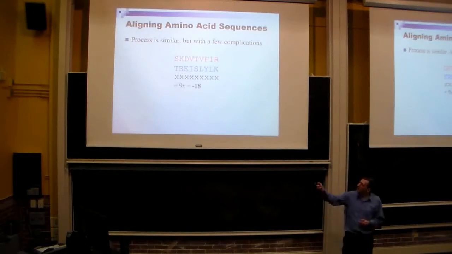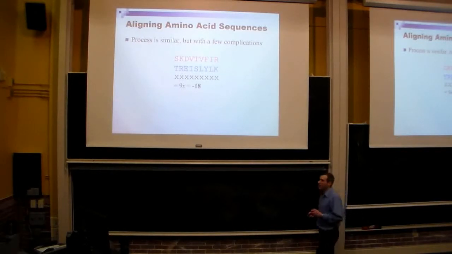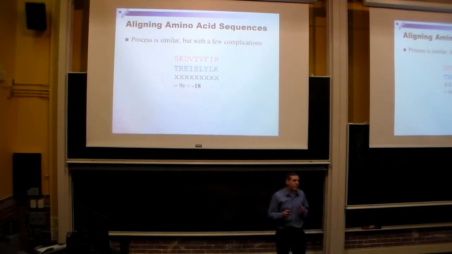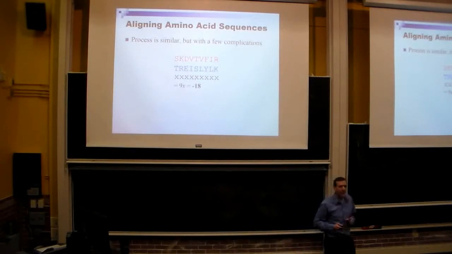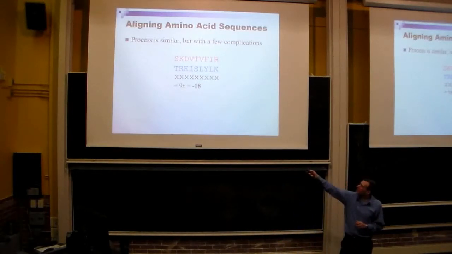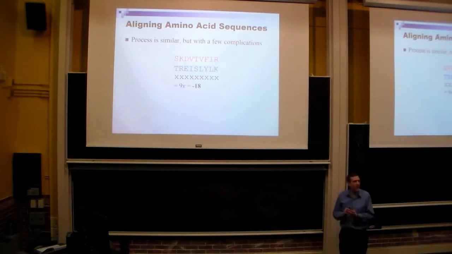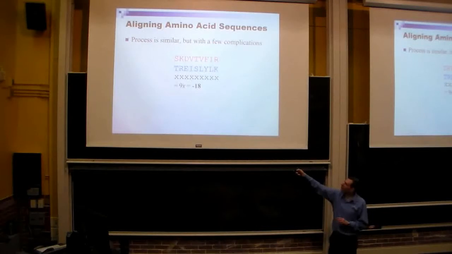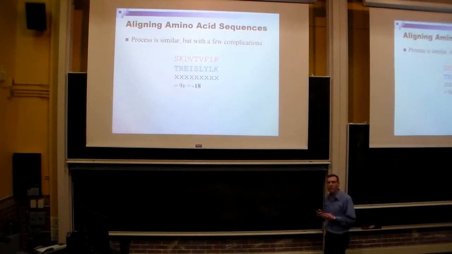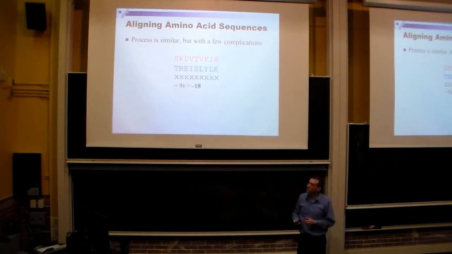Yeah, so amino acids can be grouped in various ways based on chemical similarity. And these sequences happen to be lined up in a way where we have a lot of chemically similar amino acids lined up to one another. So S, serine, and T, threonine, are very chemically similar. They have the same basic groups. Threonine is a little larger, but they could often substitute for one another.